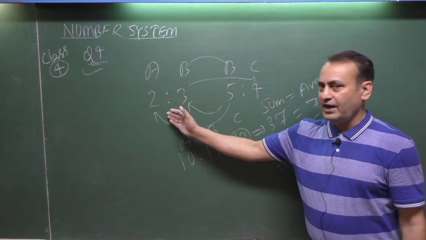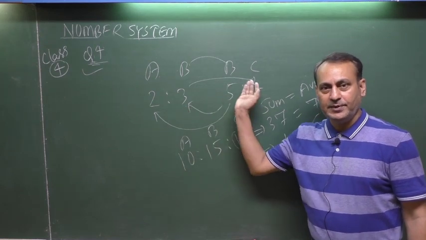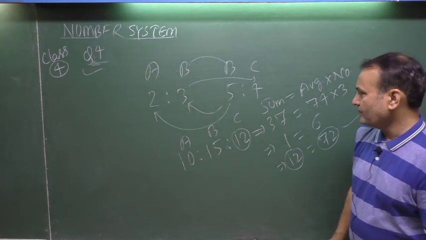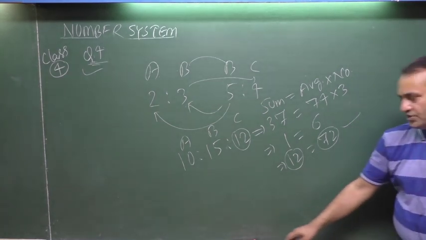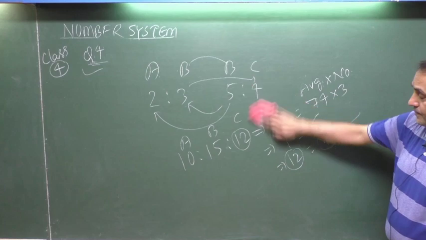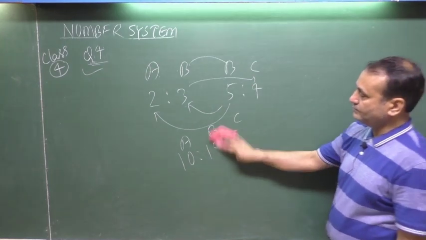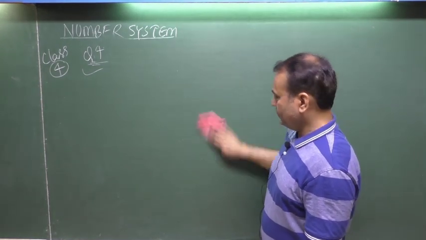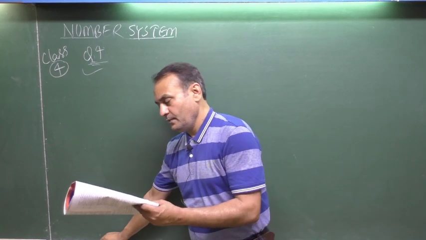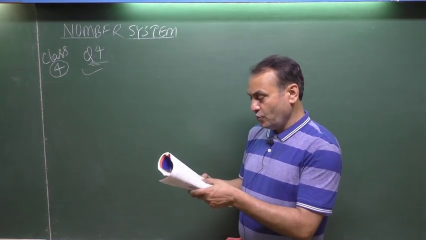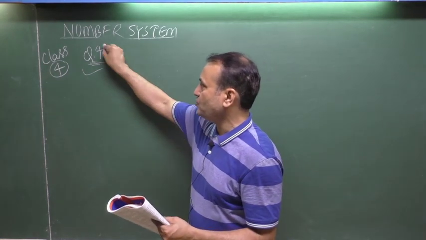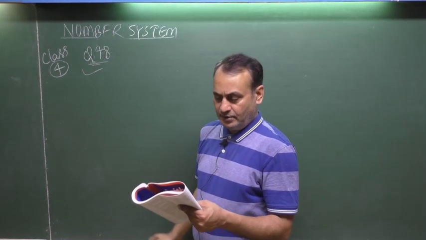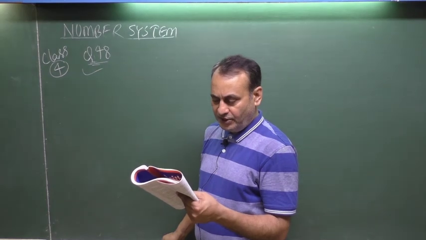This must be multiplied here, this must be multiplied here, this must be multiplied here. This is your combined ratio. This was your question number 48. Now come to question number 49.